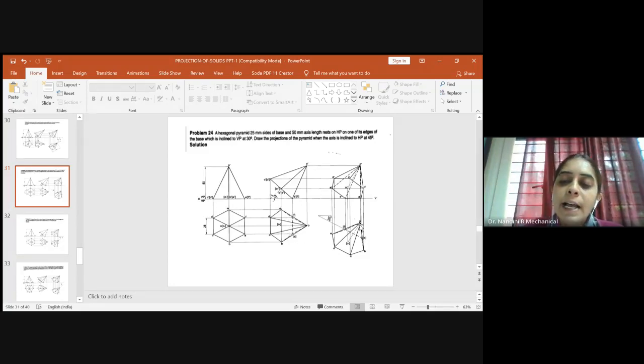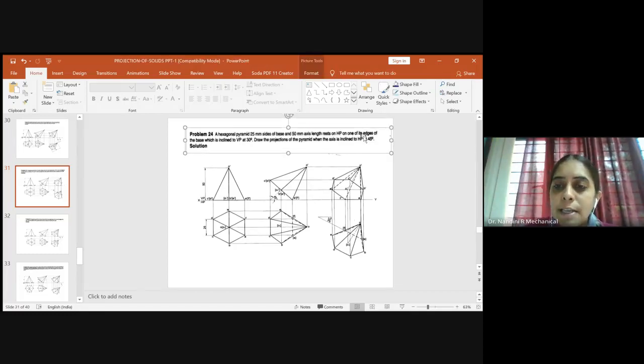If the given problem is one in which the axis is inclined to VP, then you can get the true length only in the first stage, and in the second stage you will have only the apparent length. So in that case, we need to determine the apparent angle. But here you can see in the given question, it is the edge of the base which is inclined to VP at 30 degrees.